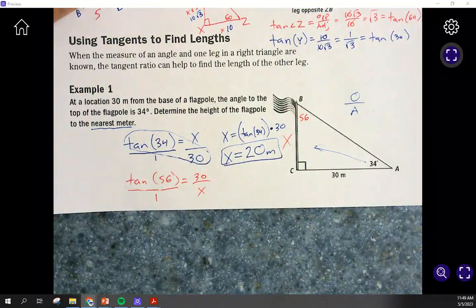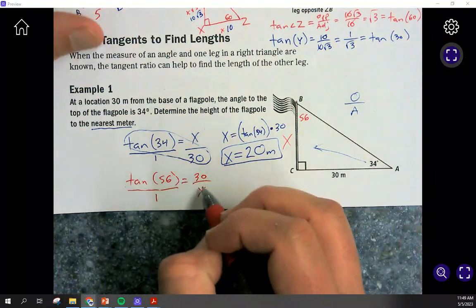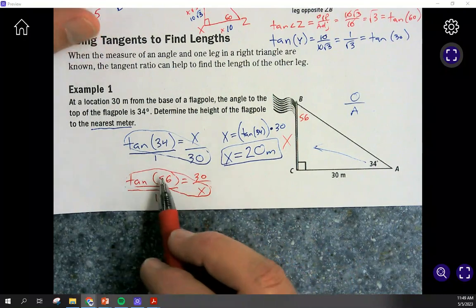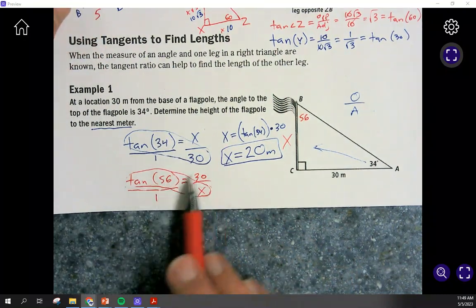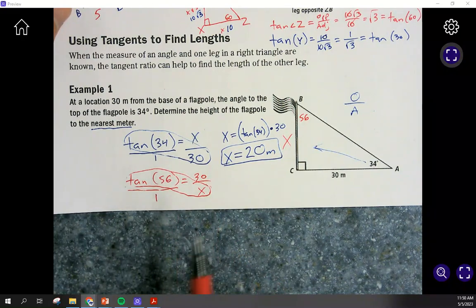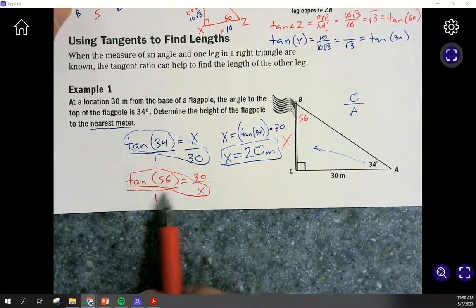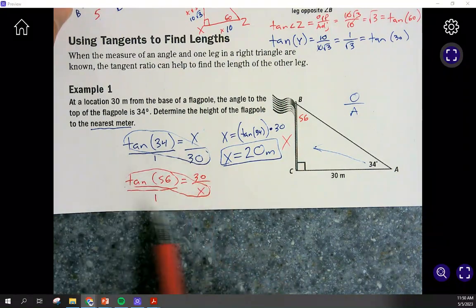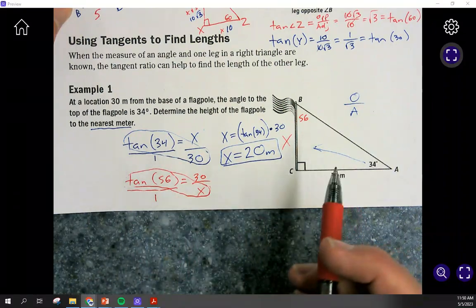All right, and if I was doing it the other way, using the 56, notice that the cross multiplying here does not put the 30 times 56. Now, we've talked about in these proportions, you can actually mix and match where everything goes as long as the diagonals stay the same. So I could put this x up here and tangent of 56 down here, and this proportion still remains equivalent.